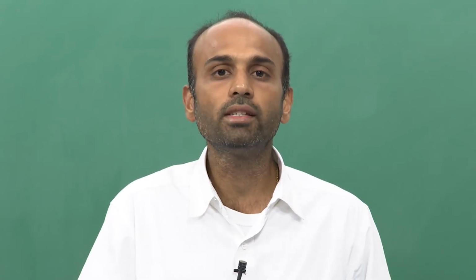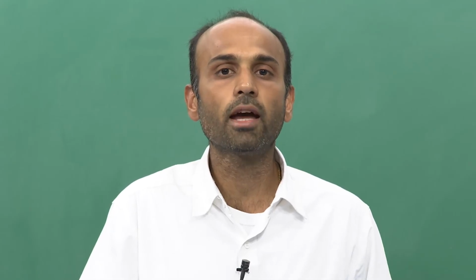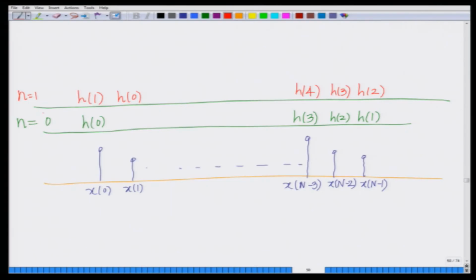If you look at this figure, at n equal to 0, I have h of 0 times x of 0 plus h of 1 times x of n minus 1 plus h of 2 times x of n minus 2, so on. At the next transmit instant, that is n equal to 1, the whole coefficients of h have shifted circularly over the transmit symbols.